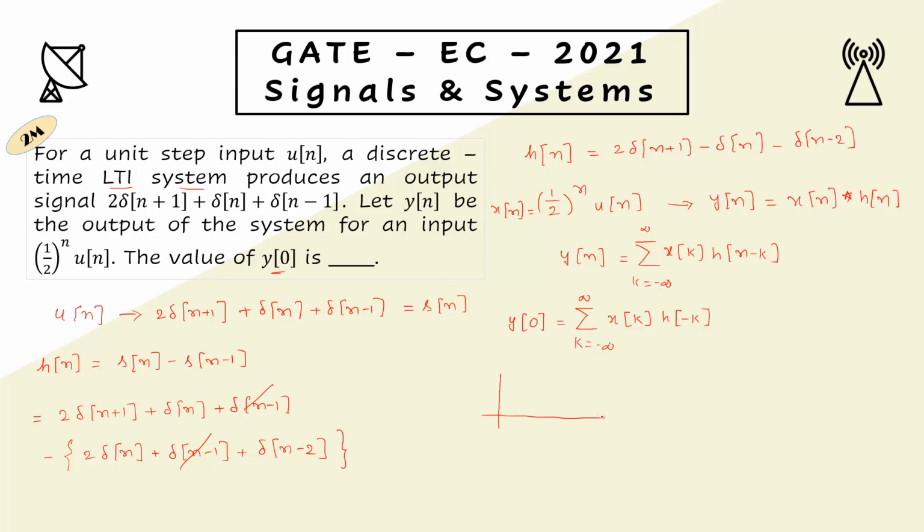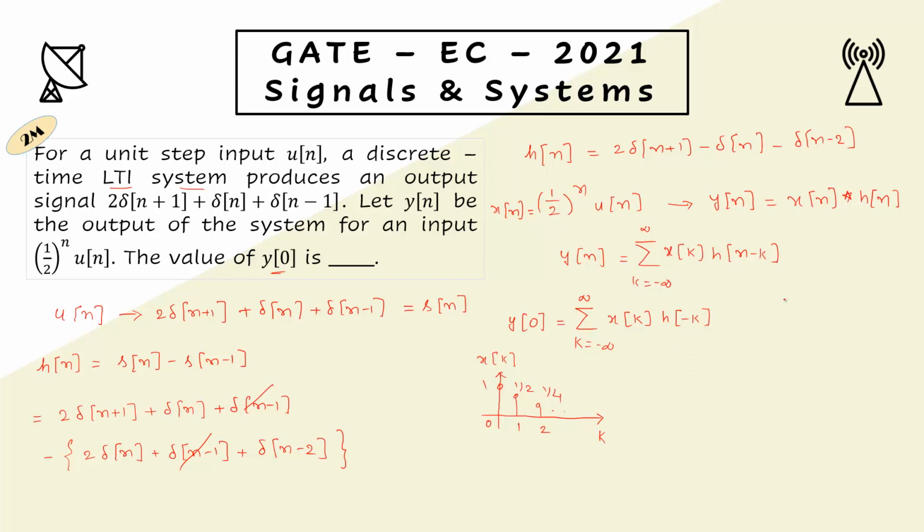X of n is given to be 1 by 2 power n u of n, so x of k would be equal to 1 by 2 power k u of k, and the plot will look something like this. This is 0, 1, 2, and the corresponding amplitudes are 1, 1 by 2, 1 by 4, and so on. So this is our x of k, and that has to be multiplied with h of minus k.